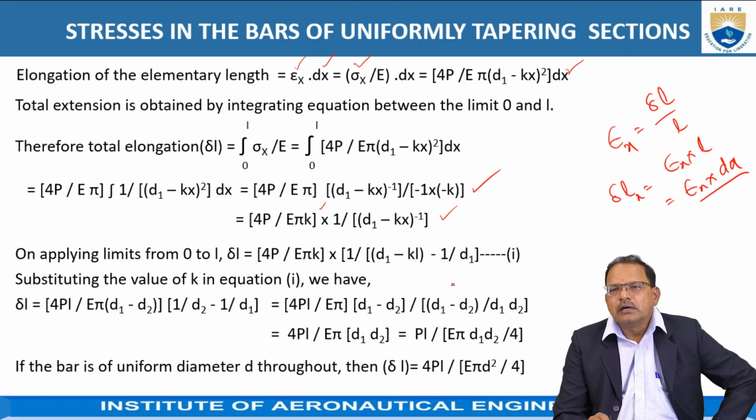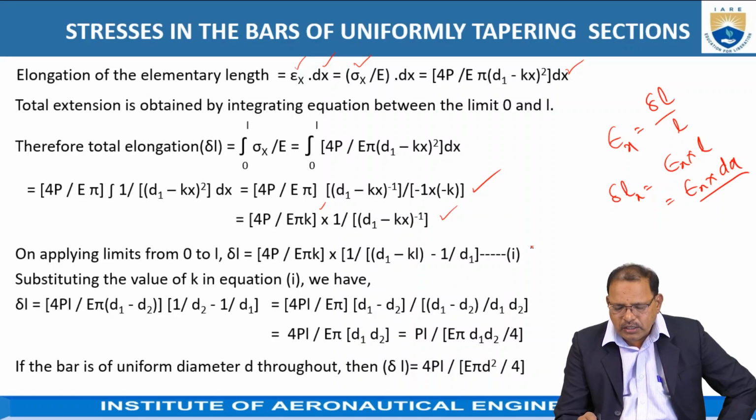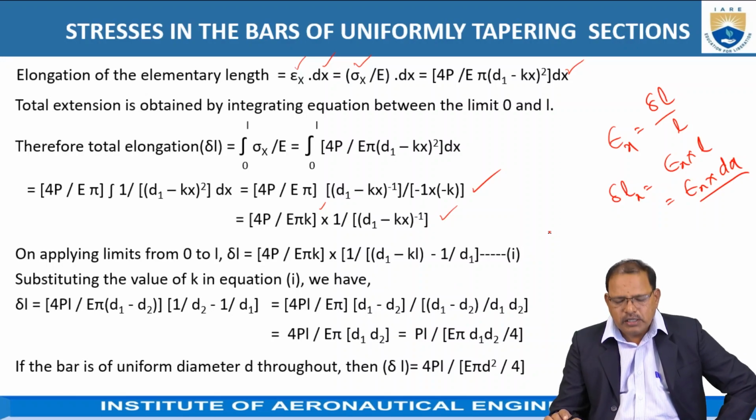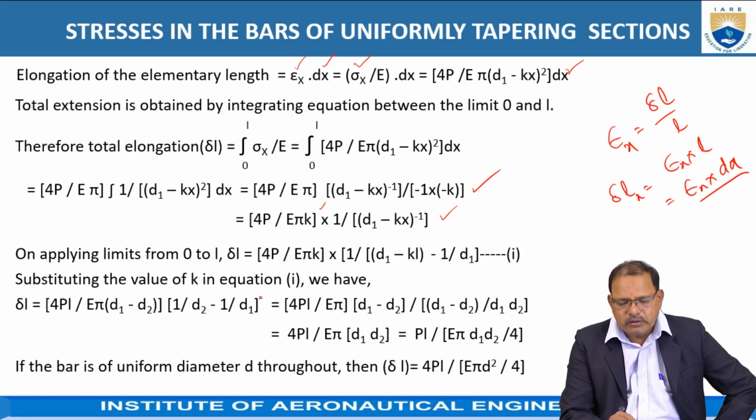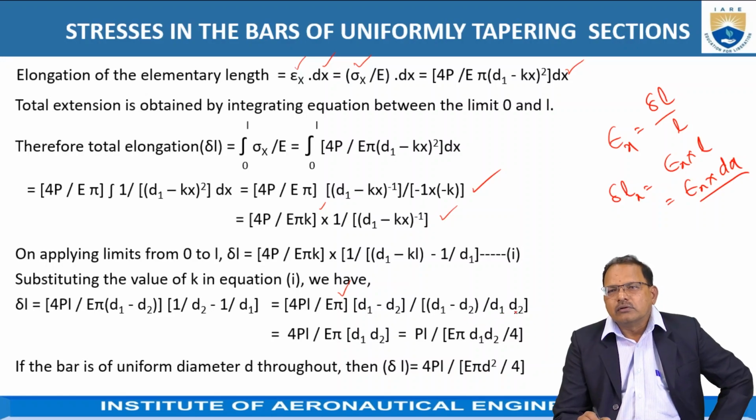Substituting the value of k in this equation, we get delta L equal to 4PL divided by E pi (d1 minus d2) into 1 by d2 minus 1 by d1. Simply it can be written as 4PL divided by E pi (d1 minus d2) into (d1 minus d2) divided by d1 d2. This is nothing but taking the LCM.